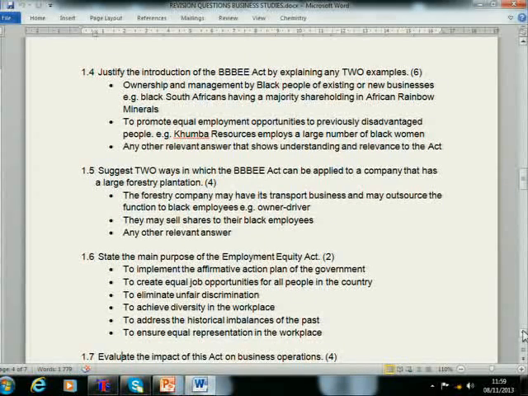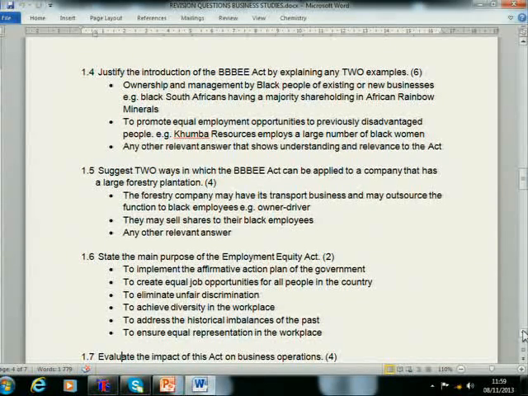The example is forestry plantation. It could be another example instead of forestry plantation. But what stays the same is the information that you need to have about the broad-based black economic empowerment. The forestry company may have its transport businesses, for example. They may outsource the function to black employees.